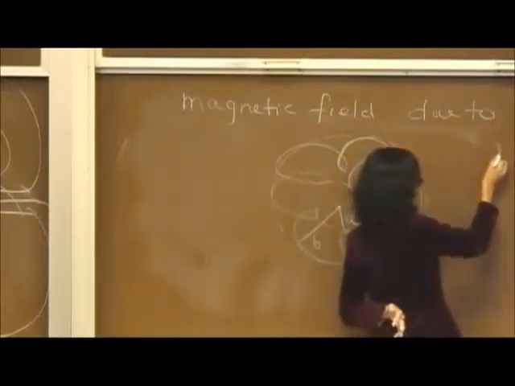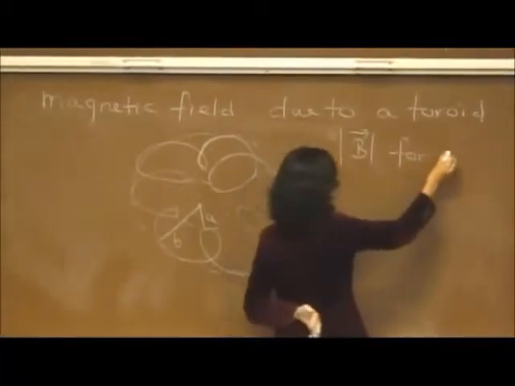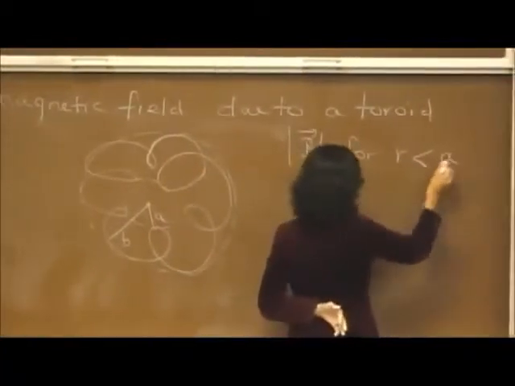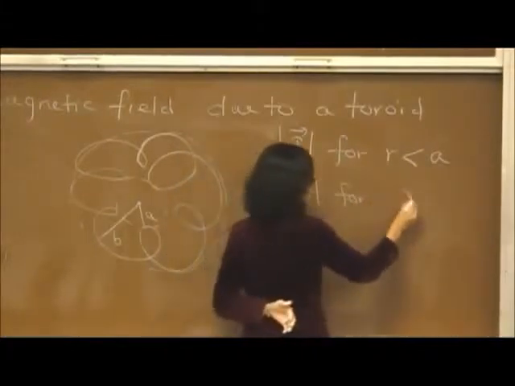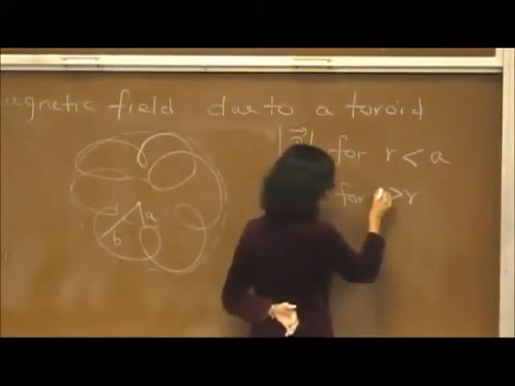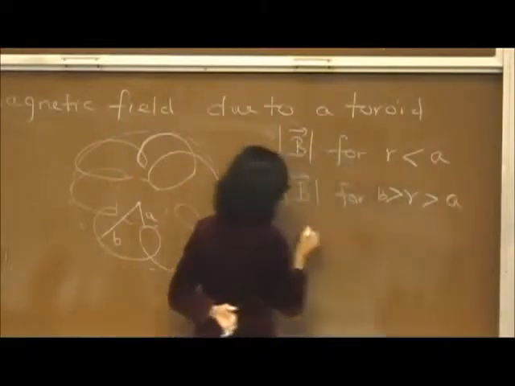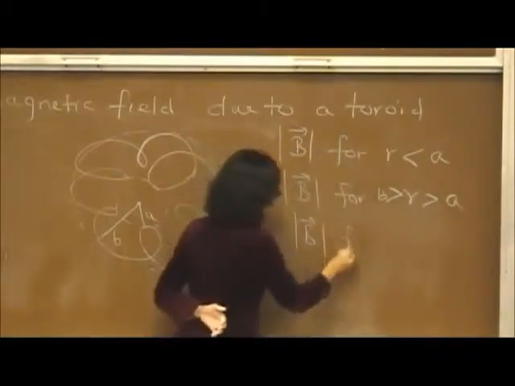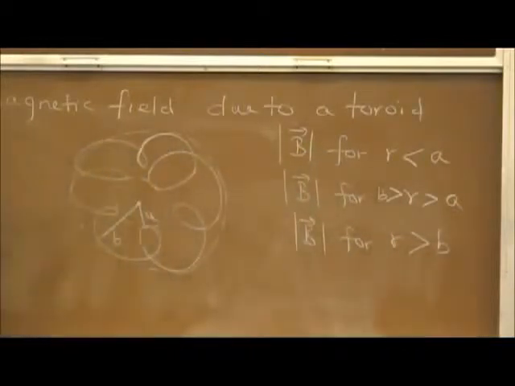I have to find B magnitude for some r less than A, B for r greater than A but less than B, and B for R greater than B. Let's try to do all these three cases, all right? It's going to be easy. Let's try it now.